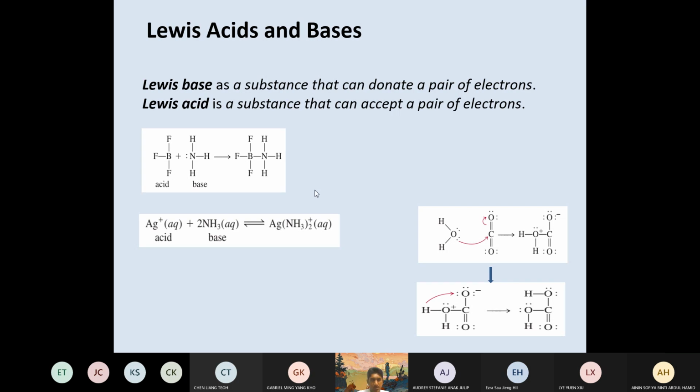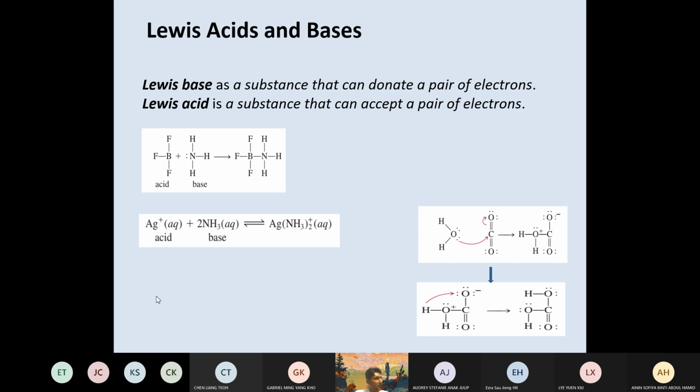No one? Bronsted-Lowry says that it is based only on the hydrogen ion, right? If something gives a hydrogen ion, that is the acid. If something is taking that hydrogen ion, it is the base.